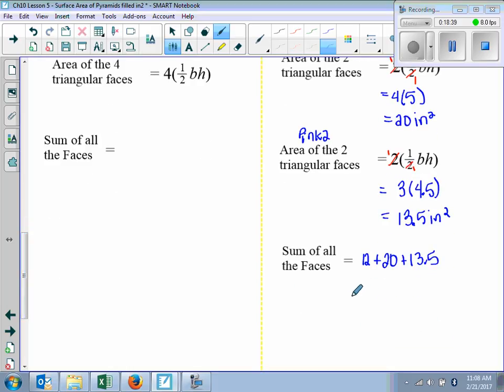So when we add that all up, that's going to be 45.5, and what are my units? Inches squared. Very good. Inches squared.